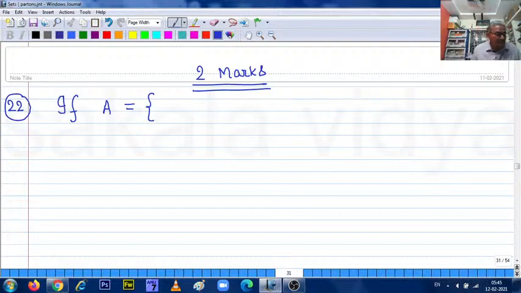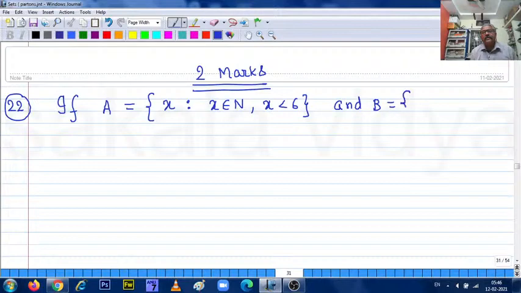Right. A equals x such that x belongs to N, x less than 6, and set B equals x such that x belongs to natural numbers, 3 less than x less than 9.